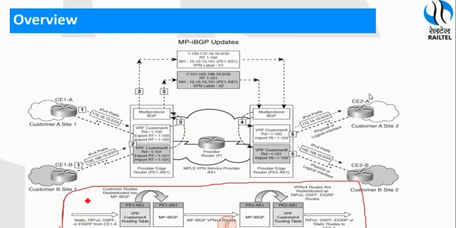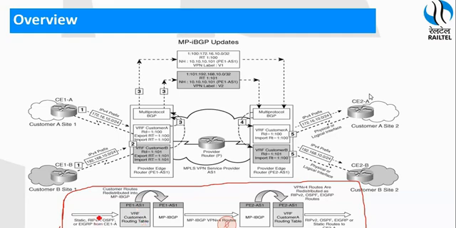It says that anything that is coming from the customer, static, RIP version 2, OSPF or eIGRP, will be redistributed. The customer routes will be redistributed into the MP-iBGP updates, that is multi-protocol internal border gateway protocol updates, with the help of the formation of VRF, the route distinguisher and the route target.